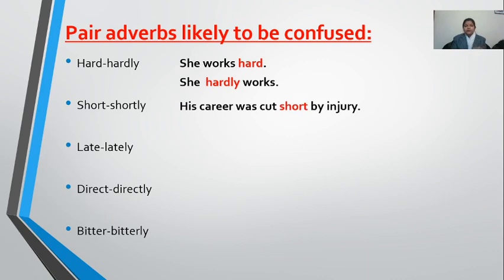His career was cut short by injury. Cut short means here short is in the sense of less in time, less in duration or less in space. His career was cut short by injury means just because of the injury he had to leave his job.